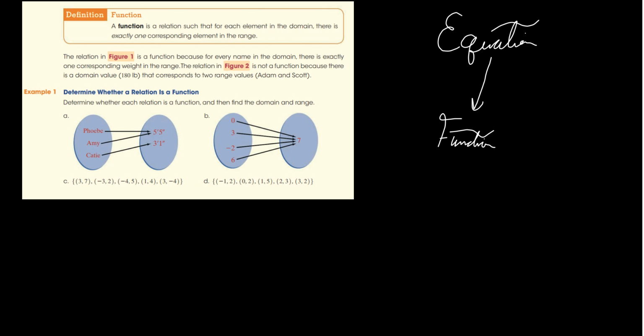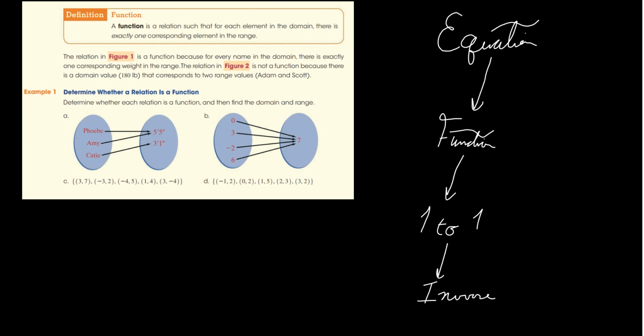Anyway, so we have an equation, and then a subset of an equation would be a function, and then a subset of a function would be a one-to-one function, which we'll talk about later, and a subset of that will be an inverse, which again we'll talk about later, okay? But that's kind of the flow chart of what we're looking at.